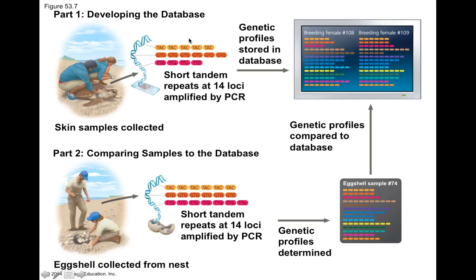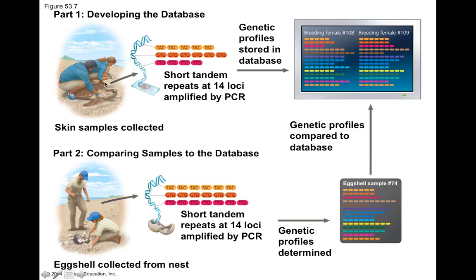and the short tandem repeats vary in number from one individual to the next. They tend to be short repeats of trinucleotides or tetranucleotides or dinucleotides, and here they're just showing you with trinucleotides, so you can have 5 copies of TAC, 6 copies of GTG somewhere else in the genome, 4 copies of TTG, and you can look at 14 of these different loci and get a profile which ends up being like a genetic fingerprint.